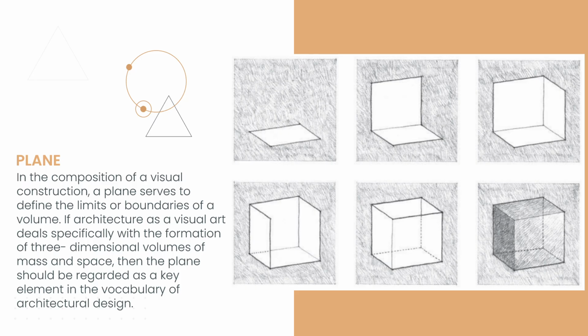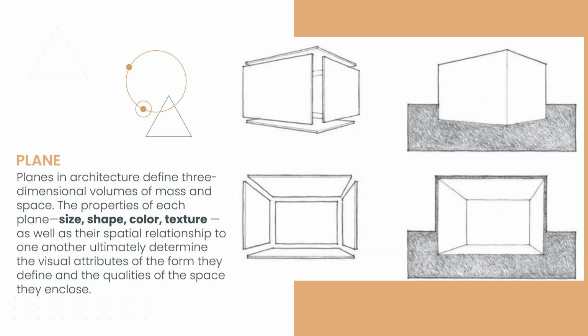So it starts to become something architectural. From the point we create a line, from the line we create a plane, and from the plane we create a volume. So that's the start of something 3D, or three-dimensional, because volume has three dimensions or measurements. Later we are going to discuss them.